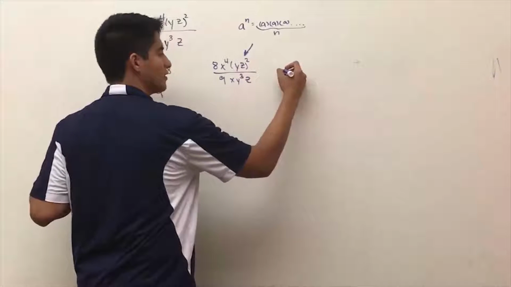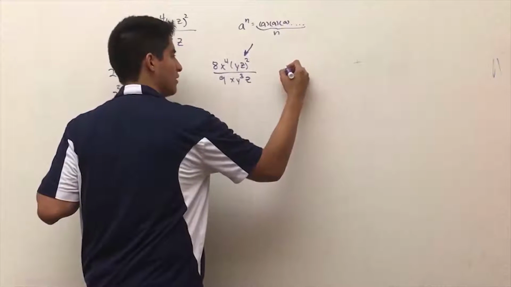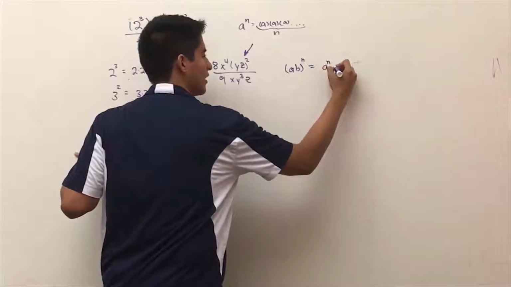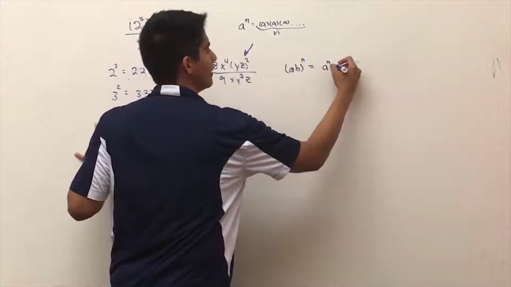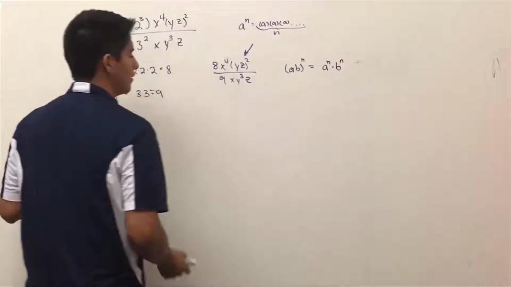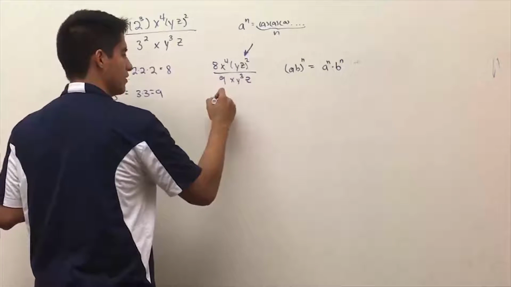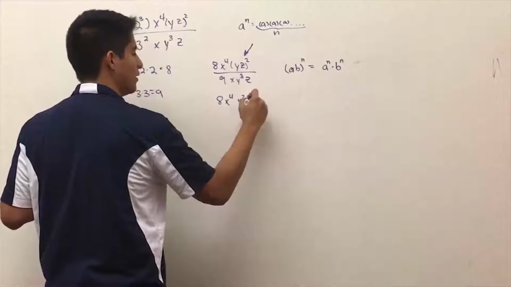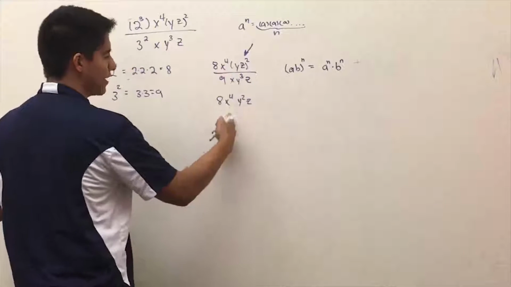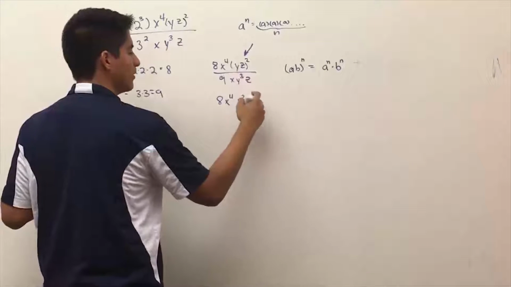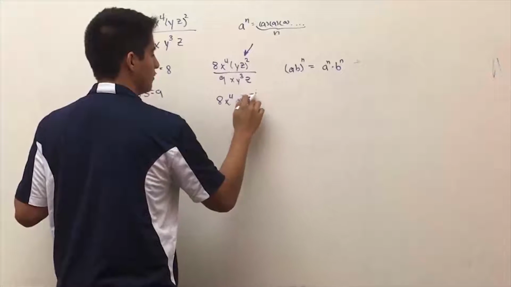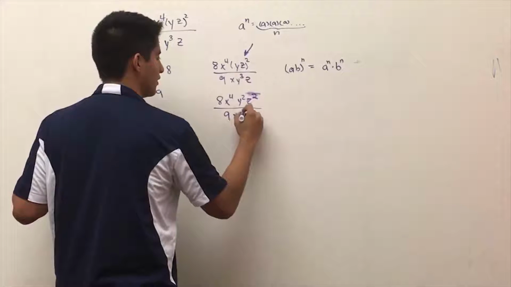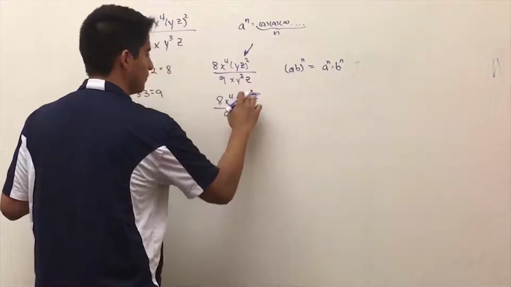Using the third law, which states that ab to the n power is a to the n times b to the n, we can rewrite this equation like this. 8 times x to the 4th, y squared times z squared, over 9xy cubed times z.